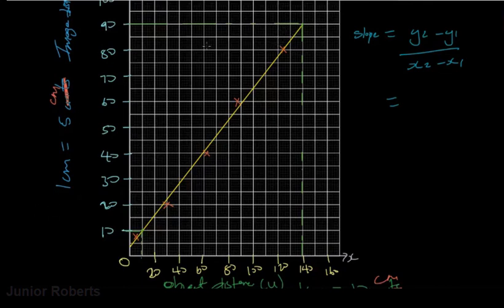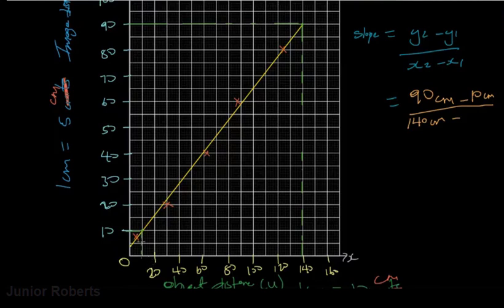So let me record that as 90 centimeters minus y1, which is 10. So we get 10 centimeters divided by x2. x2 was given earlier as 140 centimeters. And what's x1?